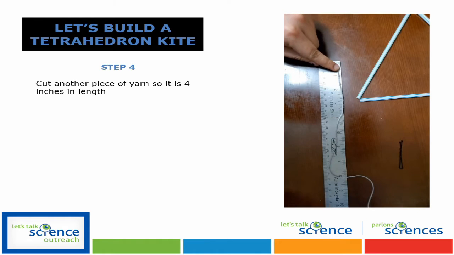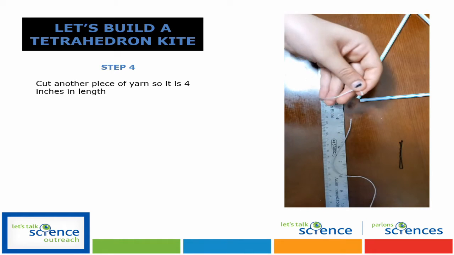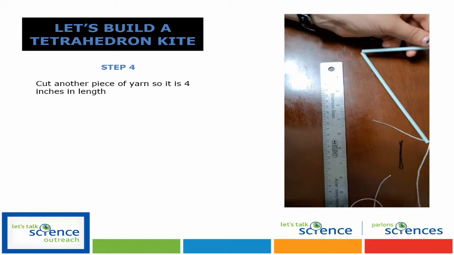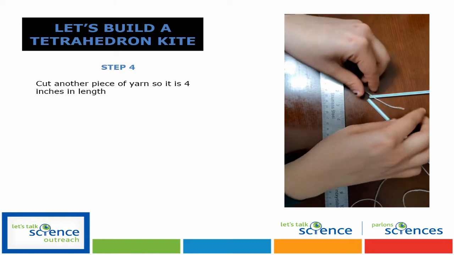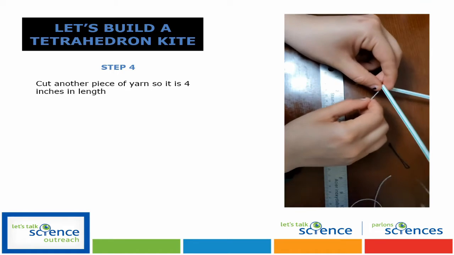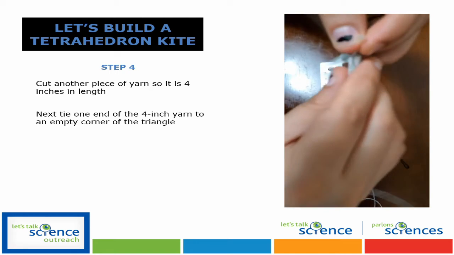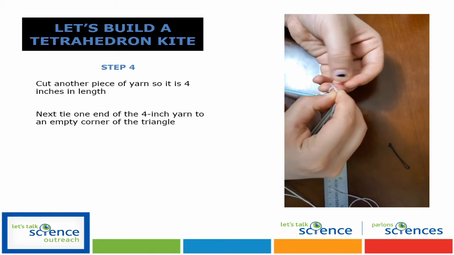Our next step is to cut a piece of yarn so it is about 4 inches in length. We are then going to tie this piece of string to an empty corner of the triangle. Make sure to tie a tight knot so that your kite is structurally sound.